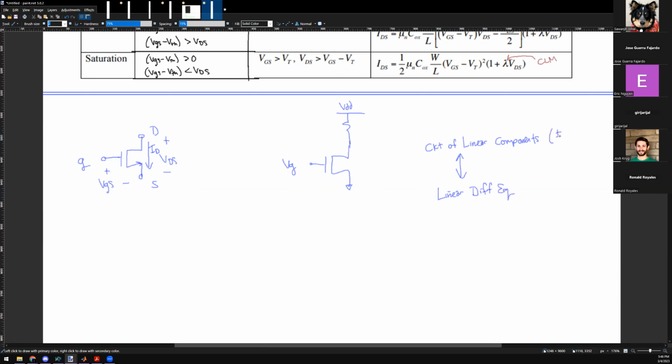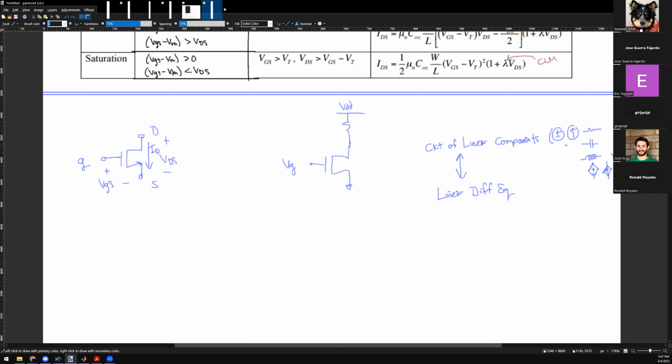I could have voltage sources, current sources, resistors, capacitors, inductors, and I could also have voltage dependent sources and dependent current sources, right? As long as my circuit's made of these guys, I am linear.